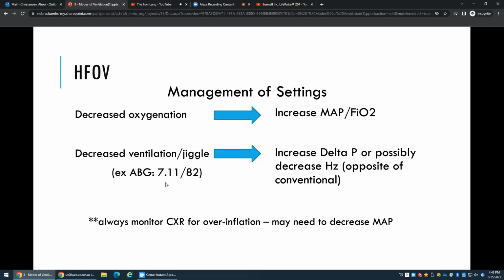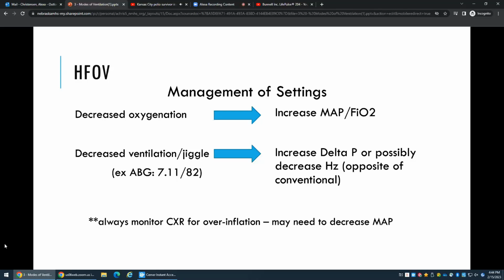So just know that changing the rate is the opposite on the oscillator. But like I said, you're not going to decrease your hertz with your first bad blood gas. It's going to be the 2nd or 3rd blood gas that you're going to think, okay, we've gone up on the delta P quite a bit. Now we need to decrease the hertz.